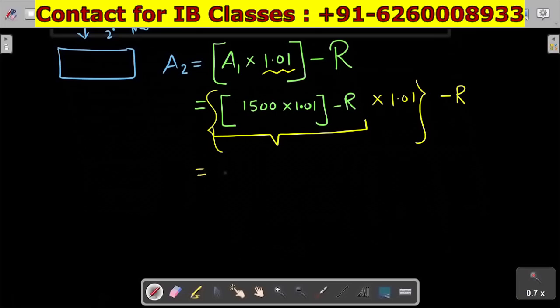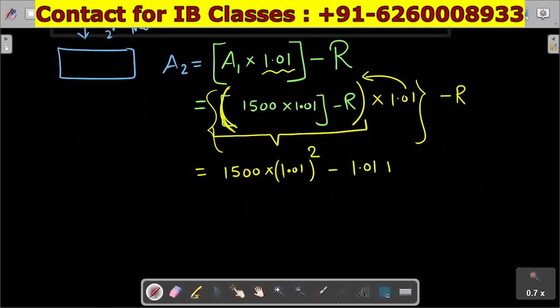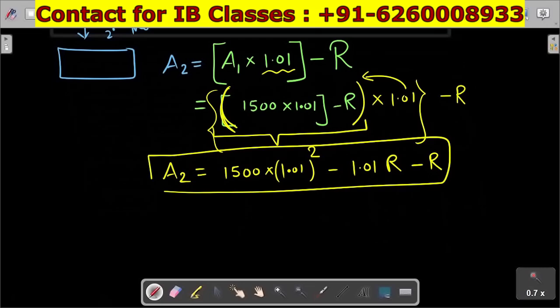This will be 1500, this is the single term, and we have to multiply this by 1.01. So 1500 into 1.01 squared minus 1.01 R minus R. So this is my total due after the second payment, right?